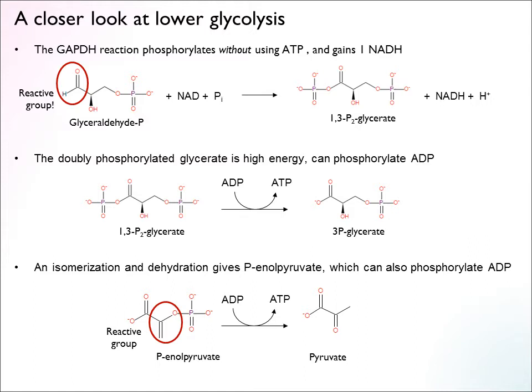So this is what's going on, and in this way the lower glycolysis is able to phosphorylate 2 ADPs into 2 ATPs, taking advantage of the structure of these sugars.